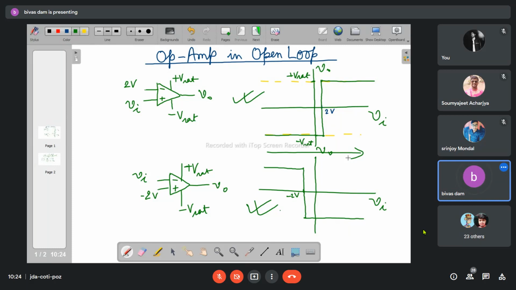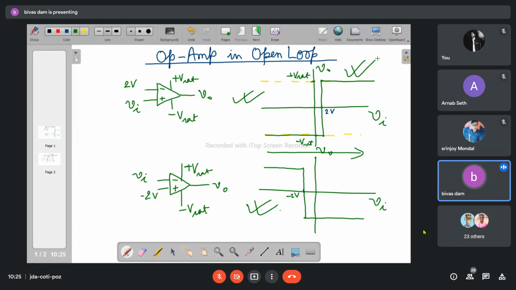So in this first transfer characteristic, there is one increasing step jump in the output for one increasing input voltage. What about in the second one? Decreasing step. Yeah, there is one decreasing step jump at the output along the increasing input side.